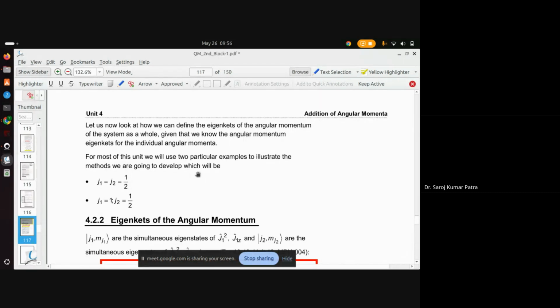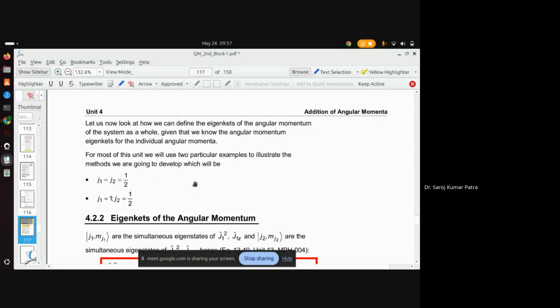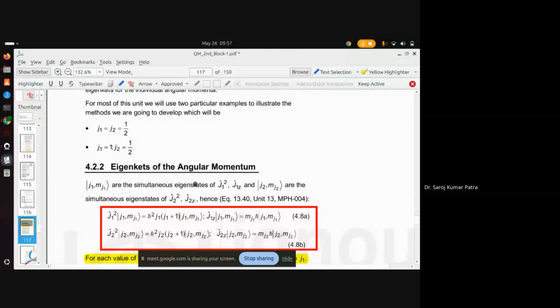So that means we'll add two particles having angular momentum half h cross, and second one will be basically h cross and half h cross. Once this discussion is done, then you can realize why exactly we are interested in half and 1.5. So this is also related to what kind of interactions among particles we are talking about.